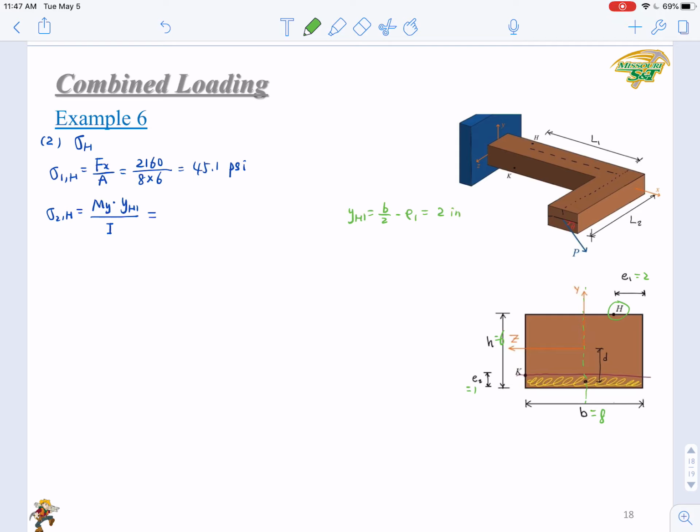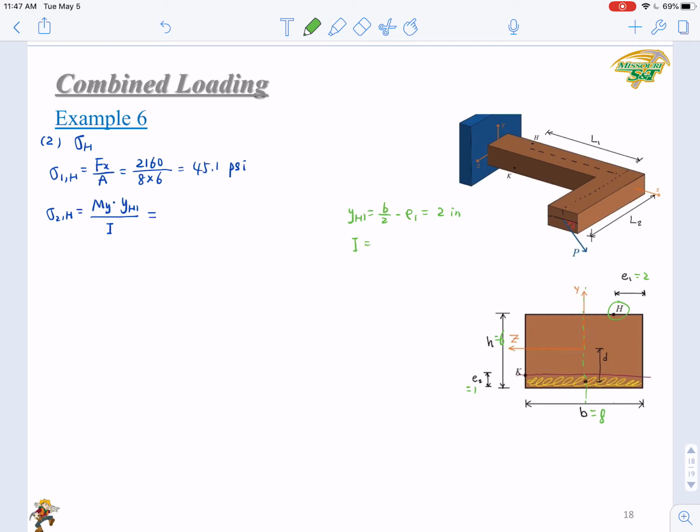So how about I? The I here will be BH cube or HB cube over 12. Here when you're talking about My, obviously the H will be the bottom and B the height.